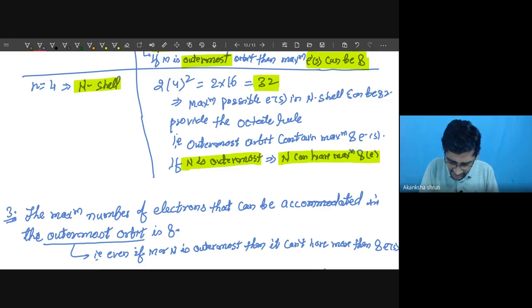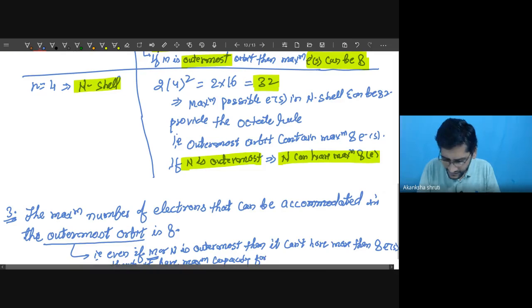For the M cell, how much can it accommodate? What is its maximum capacity?